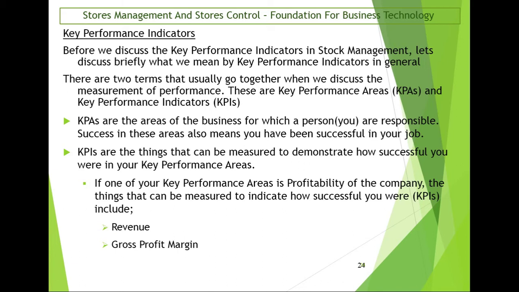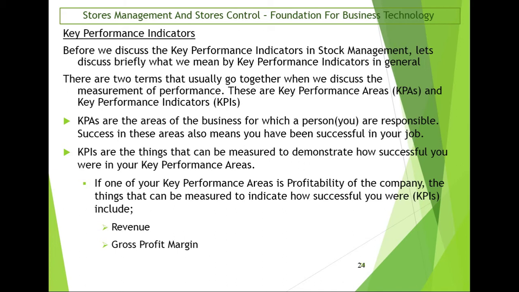The KPAs are the areas of the business or the organization for which you as an individual are responsible. Success in these areas also means you have been successful in your job.